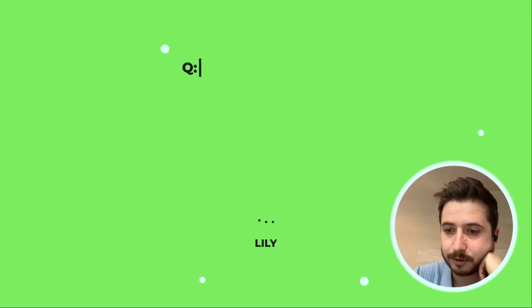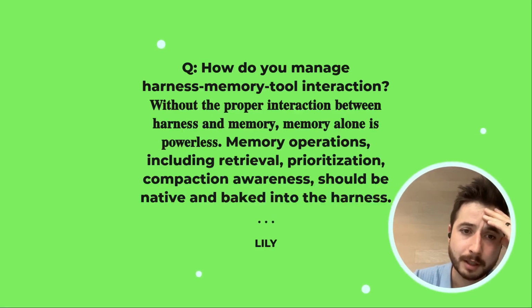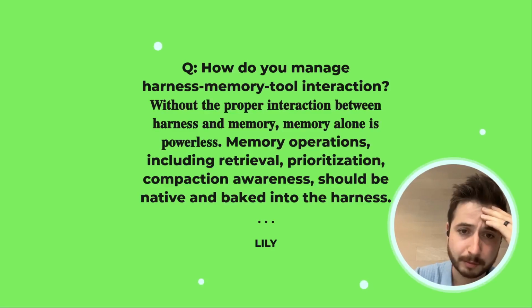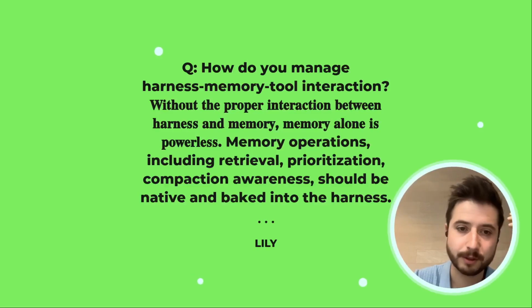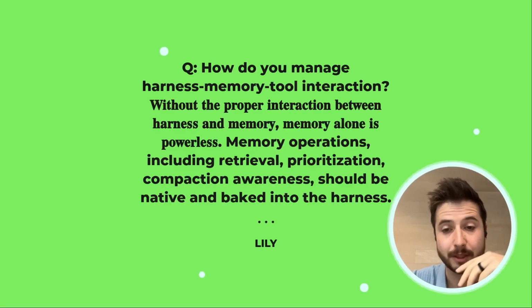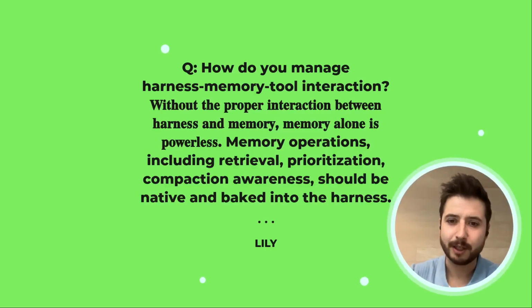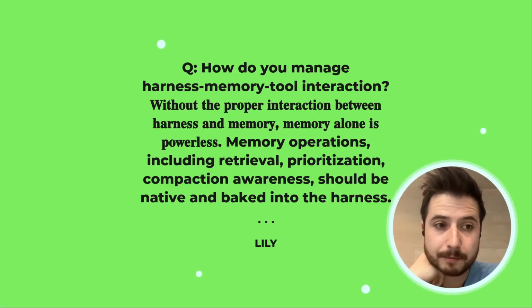Let's see, I haven't fully read this question, but it seems interesting. How do you manage harness memory tool interaction? Without proper interaction between harness and memory, memory alone is powerless. Memory operations, including retrieval, prioritization, and compaction, should be native and baked into the harness. So if I understand what you're asking, there are specific memory constructs built into the OpenAI SDK.